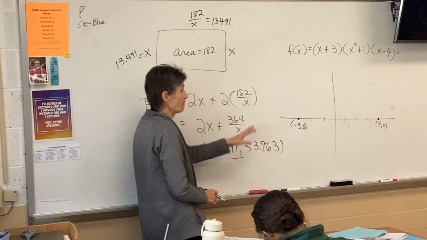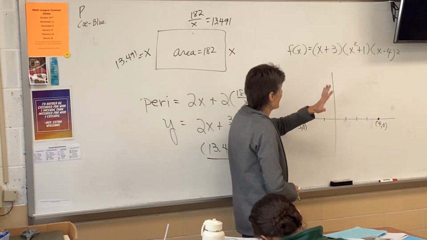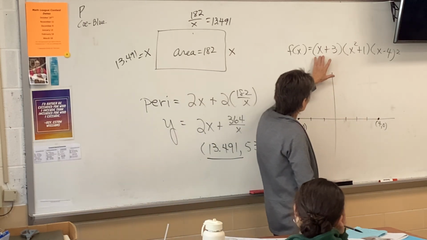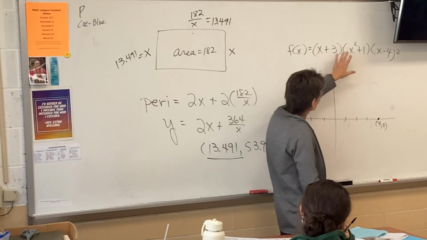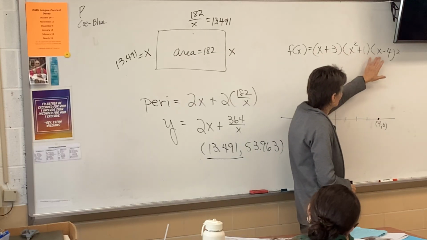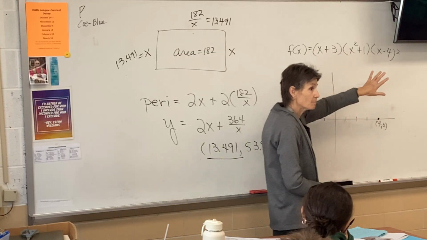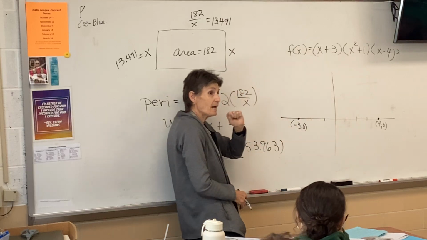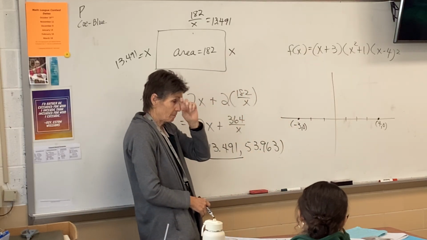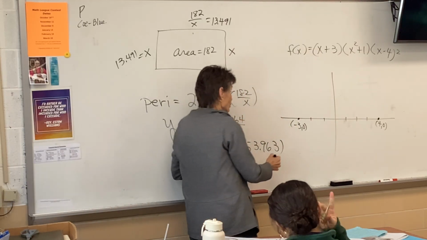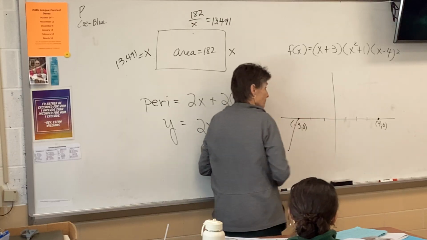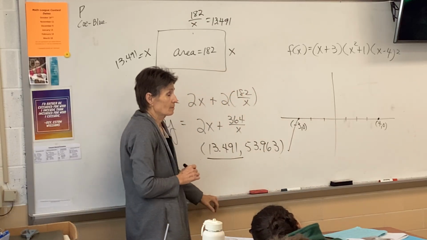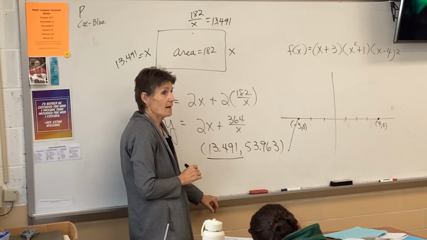What's the degree of my polynomial? How many x's do I have all together? 4. Watch it. 1, 2, 3, 4, 5. Oh, yeah. And 5 is an odd number. Odds should start down here. Would you agree with that?